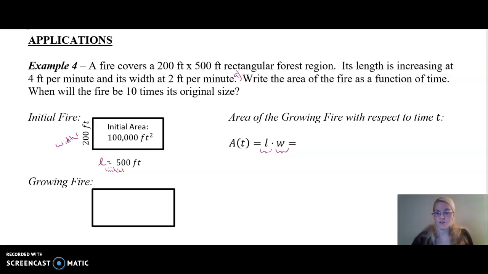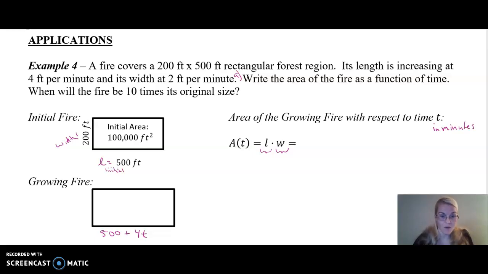what do we see? So its length is increasing at 4 feet per minute. So this side here initially was 500 feet plus an additional 4 feet times t minutes, right? So let's let t be time in minutes.